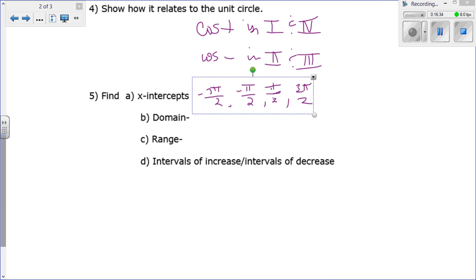My domain, again, I have no restrictions, so x such that x is all real numbers.